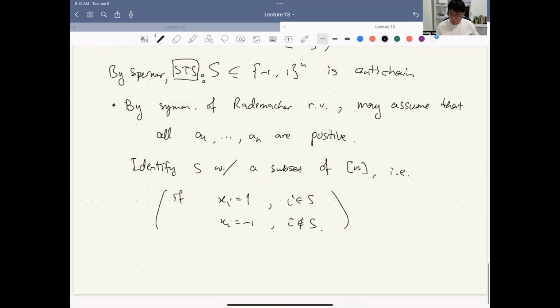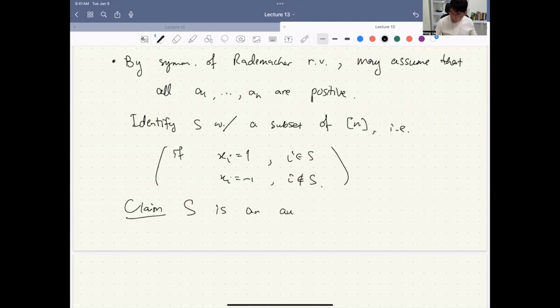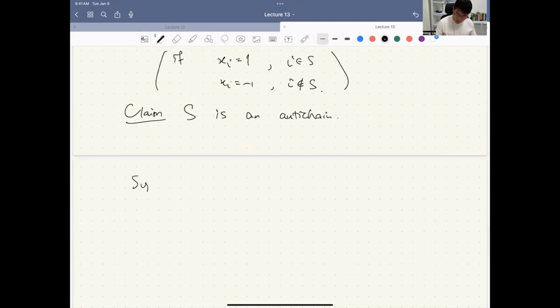Now, let's see why S is an anti-chain. Our claim is that S is an anti-chain. Then we finish the proof. Suppose otherwise. Suppose there are two elements.